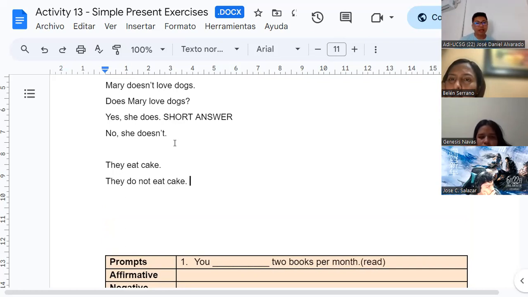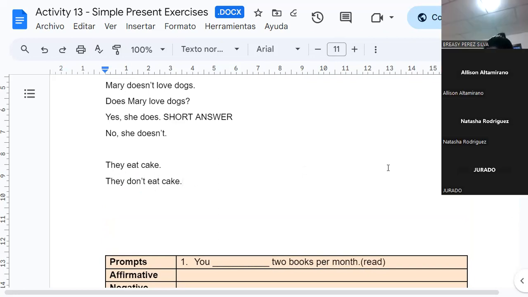Very good. They do not eat cake. Este do not también se puede contraer, que es la forma más usada, y se transforma en don't. They don't eat cake. That is the most used form. Now, Alison, ¿cómo hago esta oración? They eat cake, una pregunta. How do I transform it, this one, into a question?